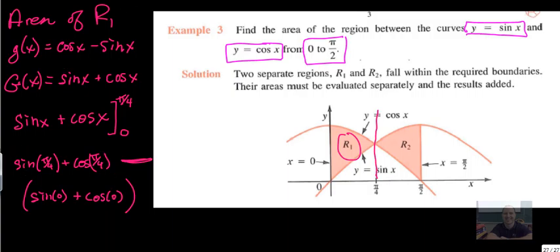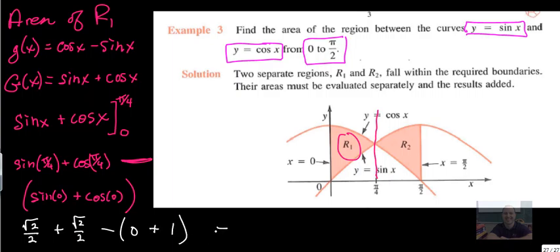So sine of pi over 4 is what? What's sine of pi over 4? On that unit circle, that was root 2 over 2. Very good. Plus cos of pi over 4, also root 2 over 2. Very good. Minus, what's sine of 0? It's going to be 0, isn't it? And cos of 0, 1.